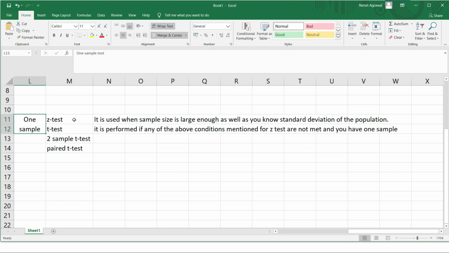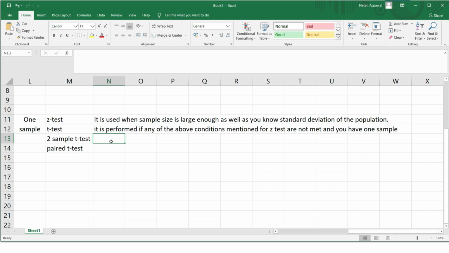Now suppose you have two samples. Which test should you perform? You have two independent samples from two different populations. For that you have to perform a two sample t-test. In this, the criteria of sample size or standard deviation doesn't come into the picture.